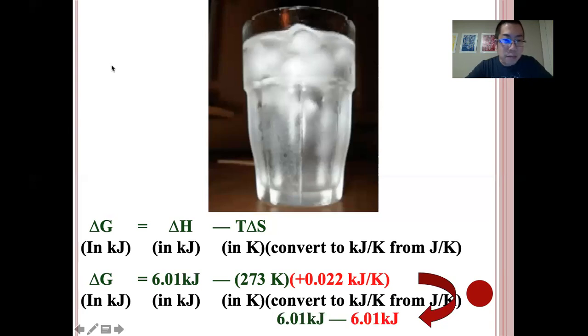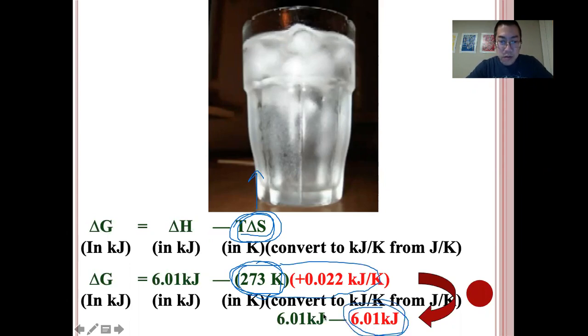So what would happen if we actually increased this temperature here? Well, if this temperature went up, what would happen to the value of T delta S? Well, the value of T delta S would be greater. It would increase. And so as T delta S increases, that means the number is going to be greater than 6.01 for this part, the T delta S. So 6.01 minus a larger number will get us a negative number.